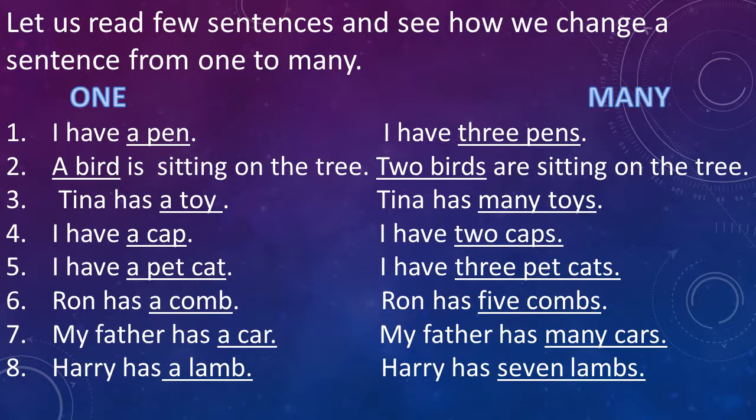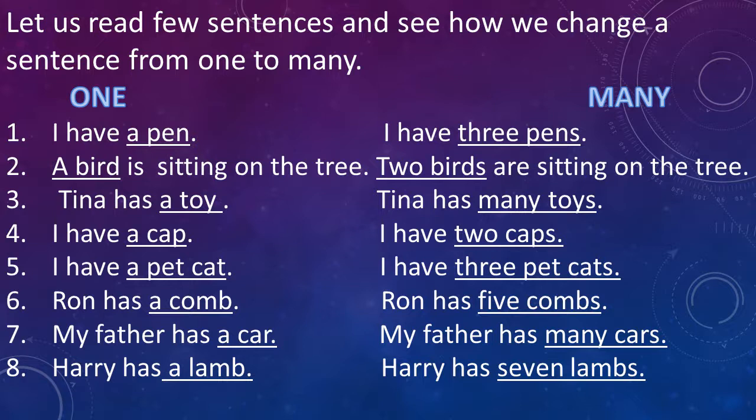How many combs? Five. Five is more than one. So when I change comb to many, I will add S and it becomes combs. My father has a car. Only one car. Now when I am changing car into many, what am I going to do?